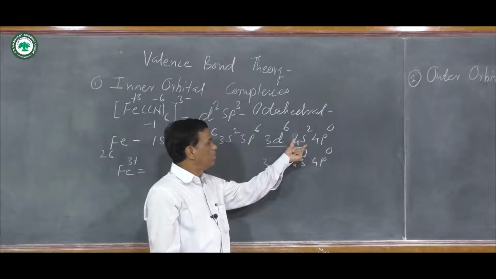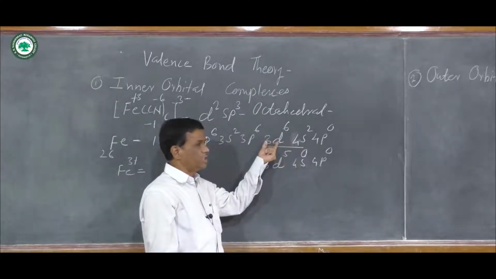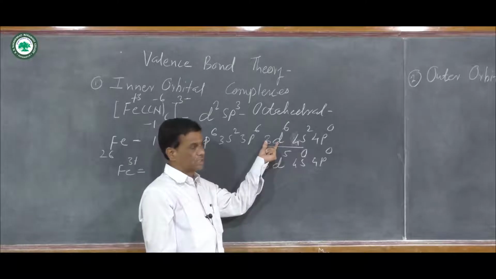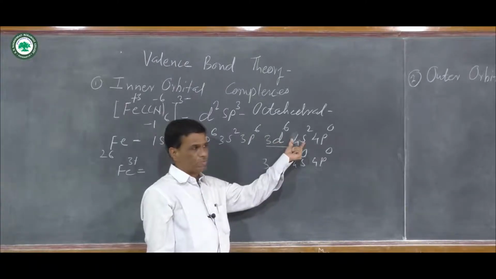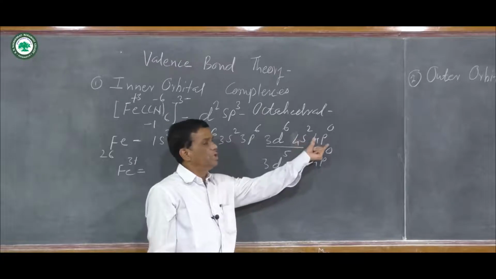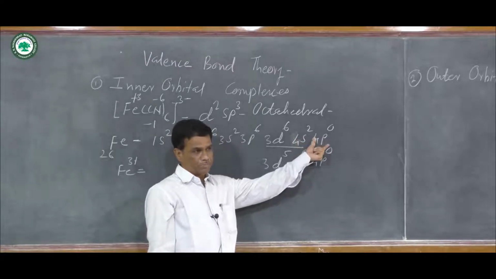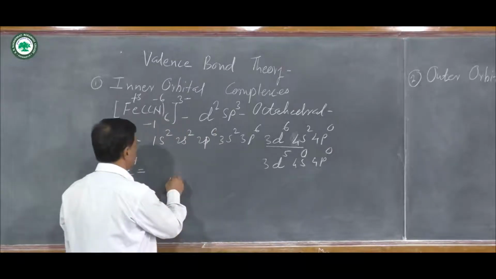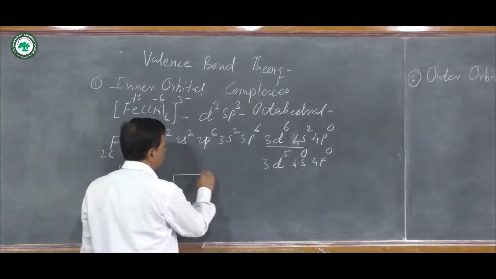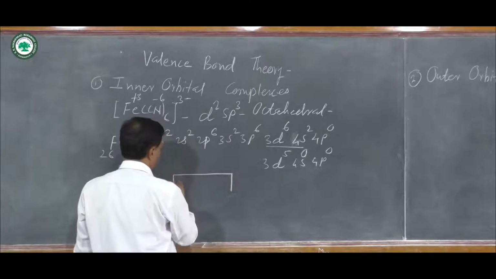These are represented as the 3d orbitals, meaning 5 d orbitals: dxy, dxz, dyz, dx square minus y square and dz square. You know that the 4s orbital is spherical in shape, and there are 3 4p orbitals px, py and pz, and these orbitals are represented in the Fe3+ ion.